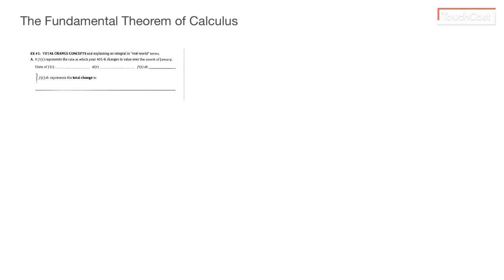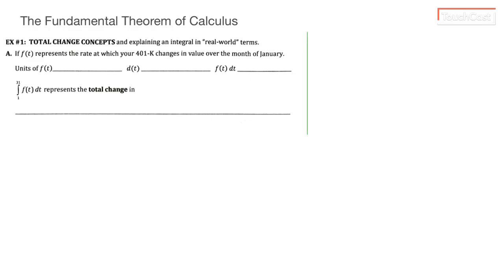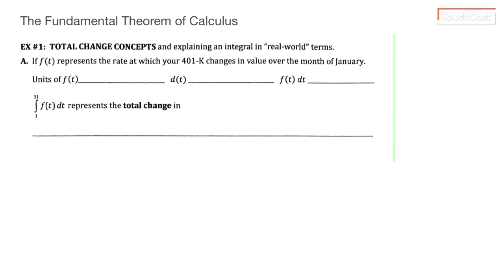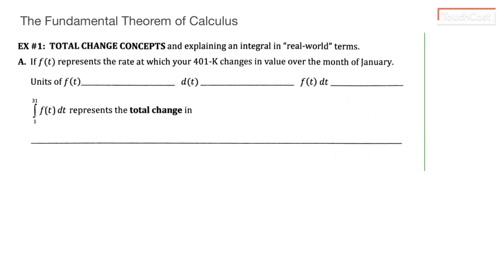Our first example is the total change concept and explaining an integral in real-world terms. If f represents the rate at which your 401k changes in value over the month of January, then the units of f of t are dollars per day.